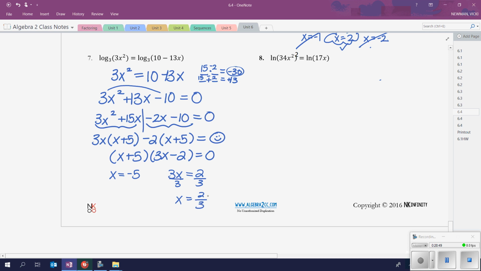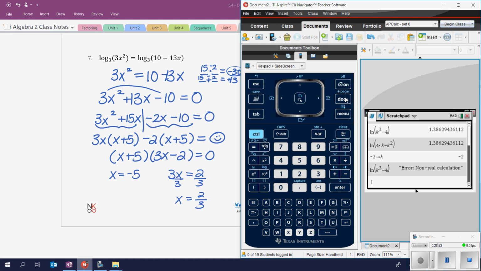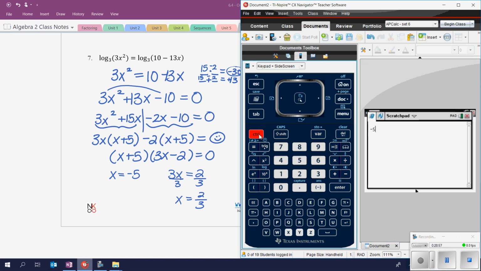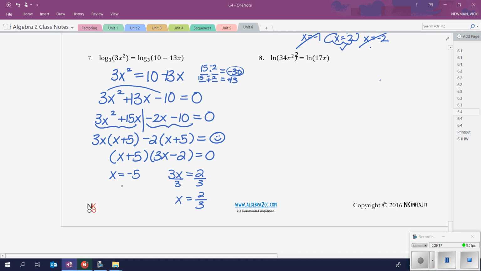You must check. So go to the calculator, clear what you have. -5, I'm going to store it for k. Log base 3 of 3k squared. That's fine. So log base 3 of 10 minus 13k. They match, so -5 works.